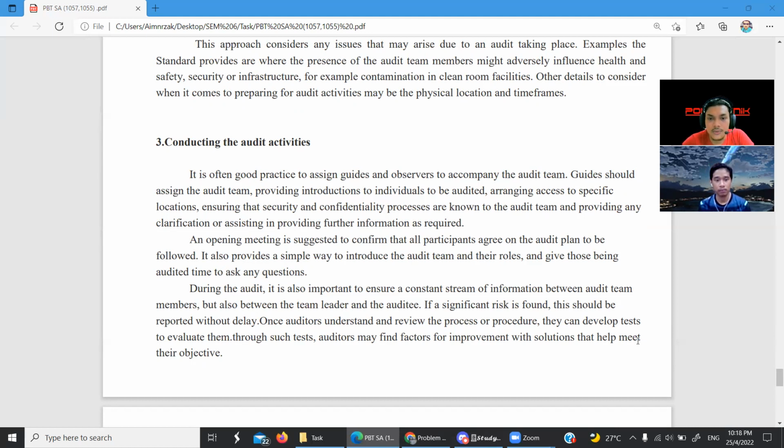If a significant risk is found, this should be reported without delay. Once auditors understand and review the process or procedure, they can develop tests to evaluate them. Through such tests, auditors may find factors for improvement with solutions that help meet their objective.